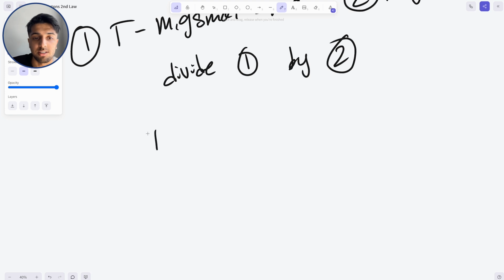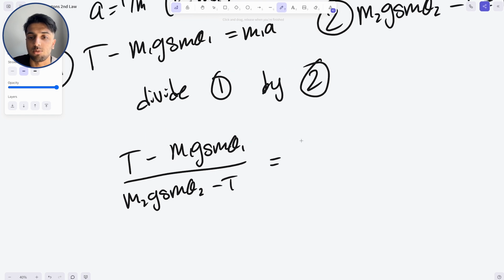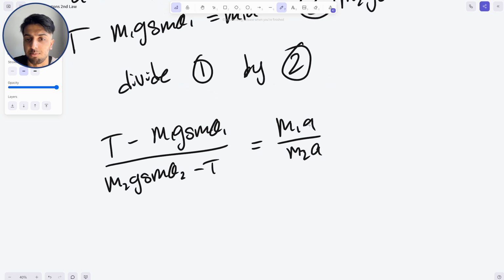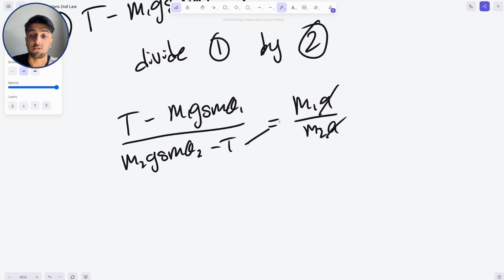And so what we get is T minus m1G sine theta 1 over m2G sine theta 2 minus T is equal to m1A over m2A. So as A is on both top and bottom, we can cancel that out. And now to get rid of the fractions, we can cross multiply these.